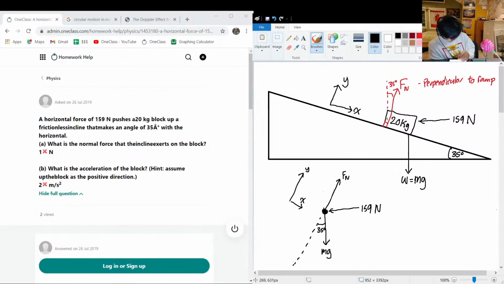And this angle here, let me think about this for a moment.